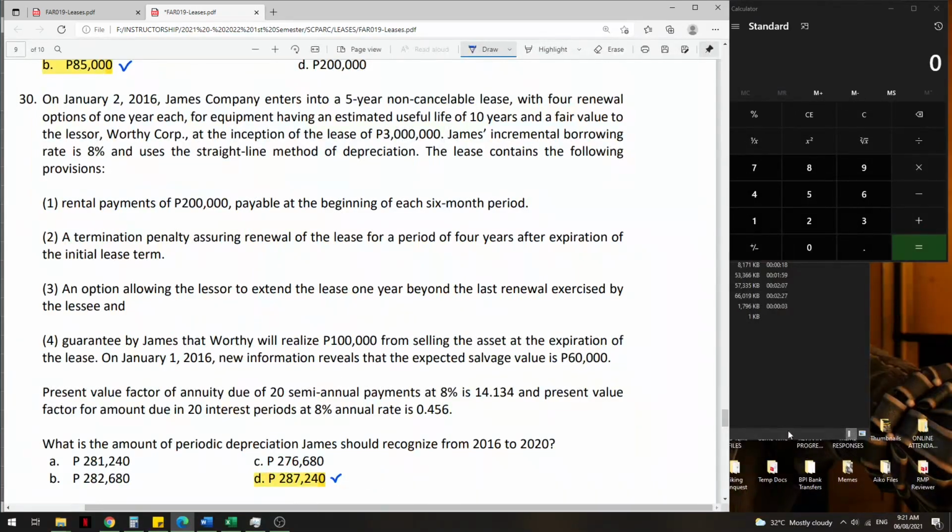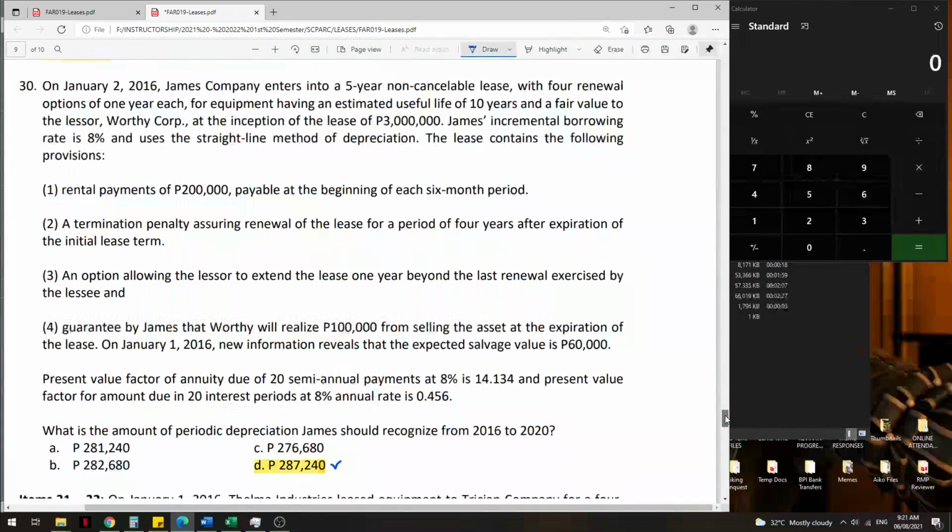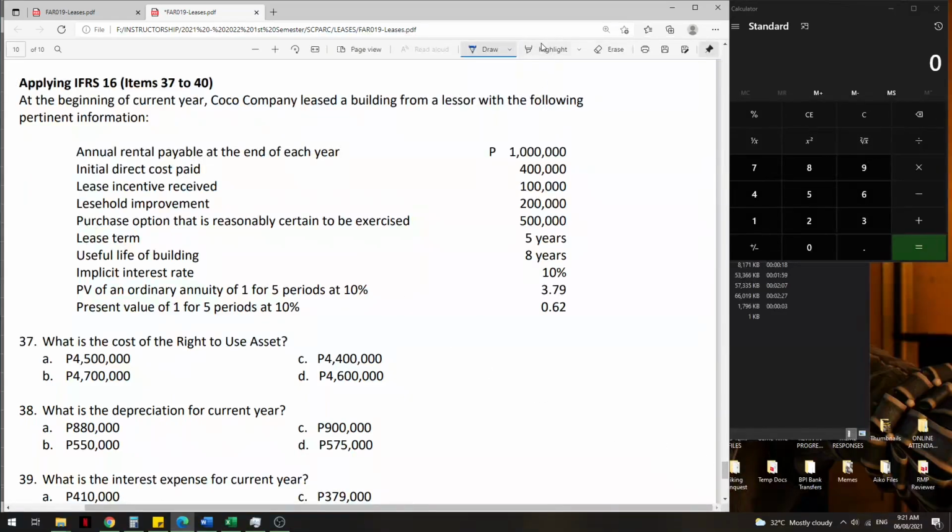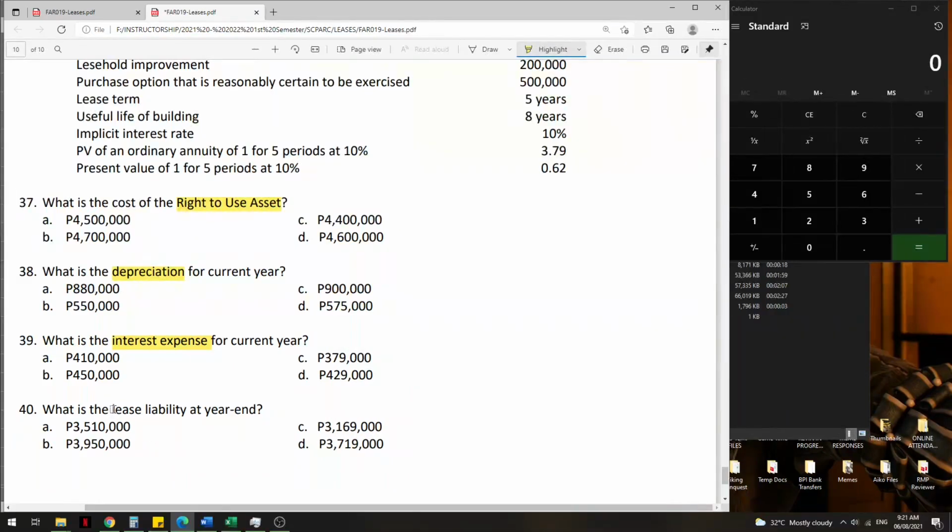But before we end our discussion with lessee accounting, finance lease, we'll have one more, a final problem, which is actually the last problem of this handout. It's about Coco Company and the requirements are right of use asset, depreciation, interest expense, and we are also being asked the lease liability at year end.